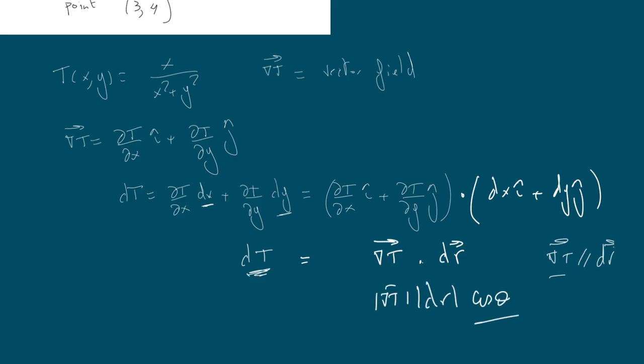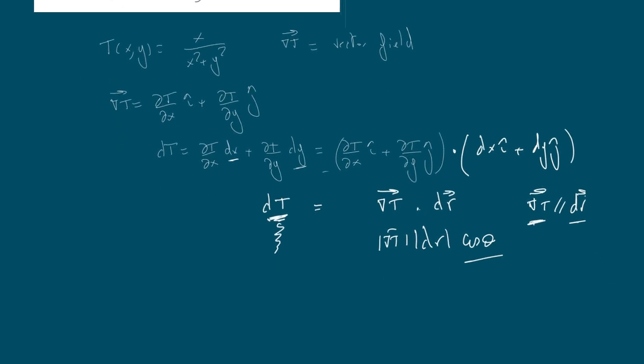So if the angle is 0, the cosine of 0 is 1, so it means that when the gradient of T is parallel to the direction where you are moving, you obtain a maximum increase in dT, in the change in the temperature. So that's why these expressions are correct.